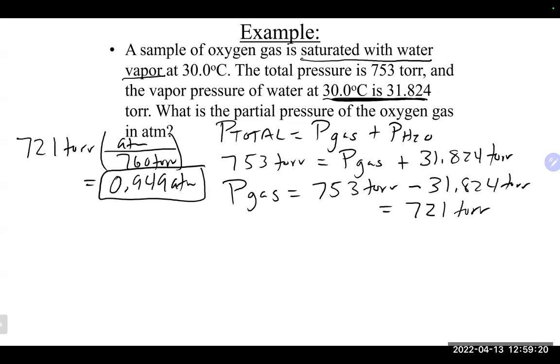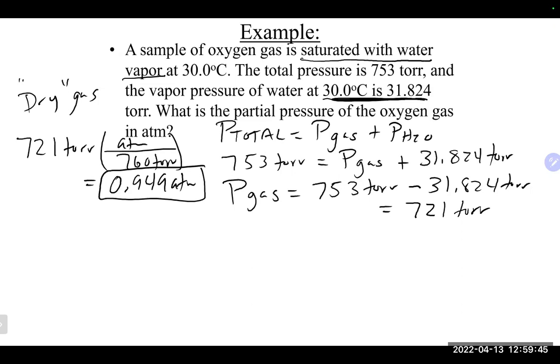This would be the pressure of the gas that has taken the water vapor out of it. It is sometimes referred to as the pressure of the dry gas, because you have taken away the pressure because of the water. This is definitely the pressure that you would want to use in any calculation.